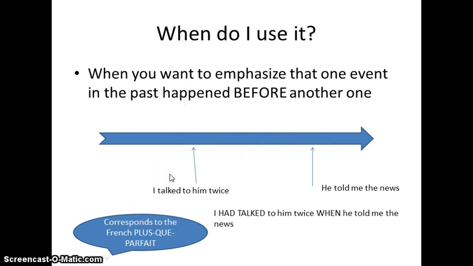So if you want to emphasize this, you have to say, I had talked to him twice when he told me the news. And again, if your mastery of the French grammar is quite good, this is very simply the French plus-que-parfait.